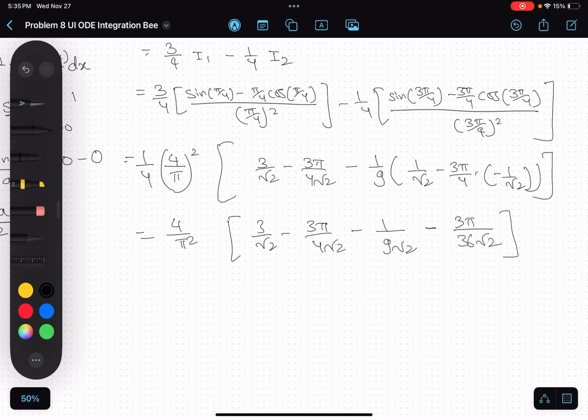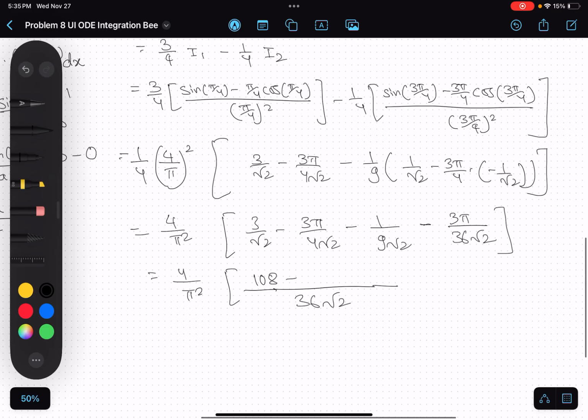Okay, now this is 4/pi squared. Let's take 36 root 2 common, as the LCM. So this is now 36 into 3, 30 into 3 is 90, 6 times 3 is 18, so 108 minus 9, so 99 and 9 times 4 is 36, so 27 pi minus 3pi.